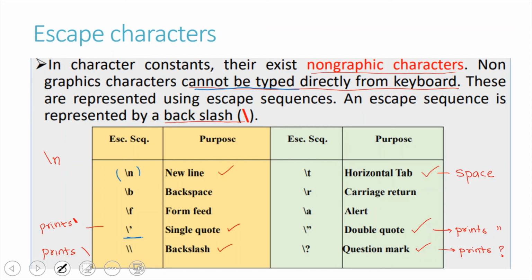If a backward slash has to be printed, then we have to use a backward slash followed by a backward slash. If a space has to be left between two words or characters, then we have to give \t, which stands for tab. So these are a few escape characters which are shown over here.